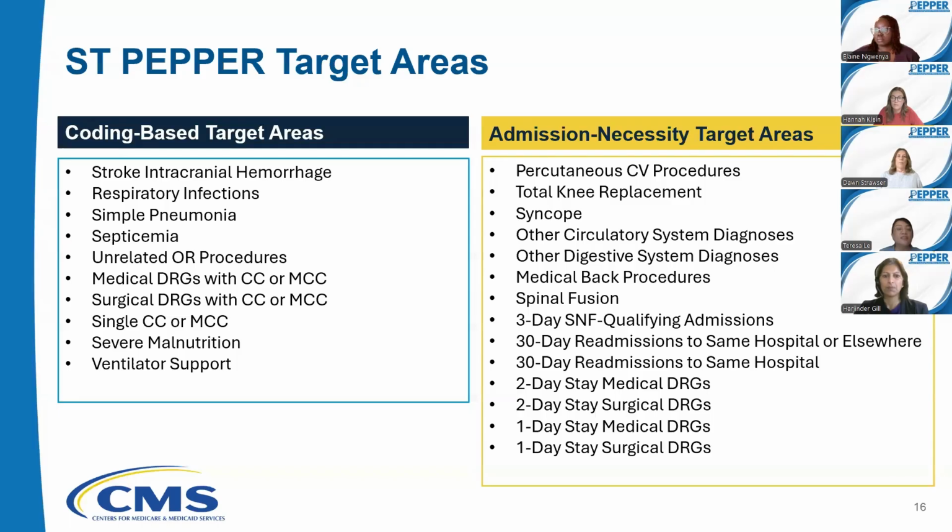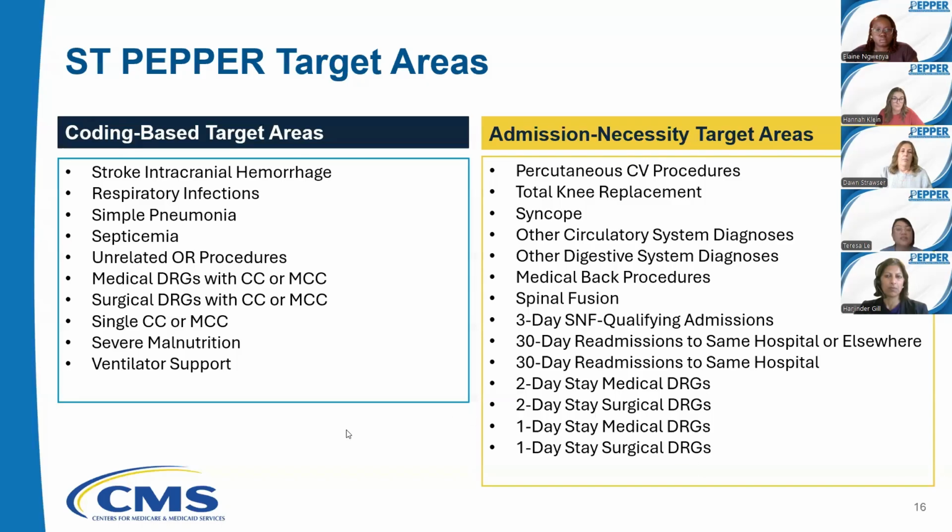The remaining target areas are admission necessity focused. These include percutaneous CV, total knee replacement, syncope, other circulatory system diagnoses, other digestive system diagnoses, medical back procedures, spinal fusion, 3-day SNF, 30-day readmissions, 30-day readmissions same, 2-day stay medical and surgical DRGs, and 1-day stay medical and surgical DRGs.